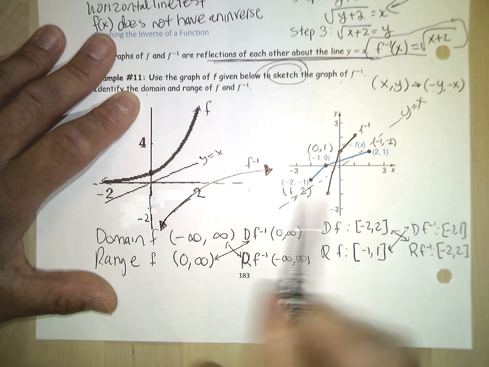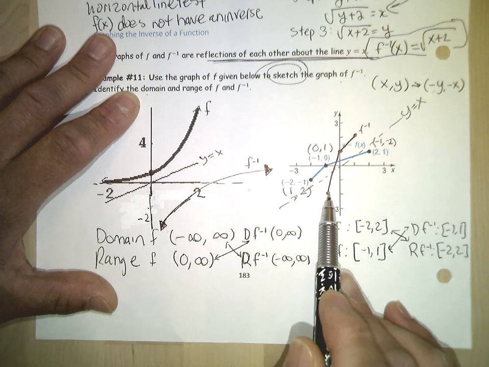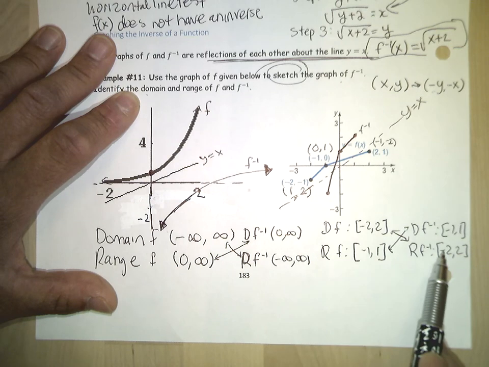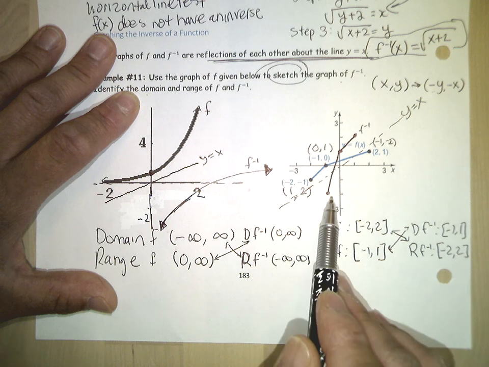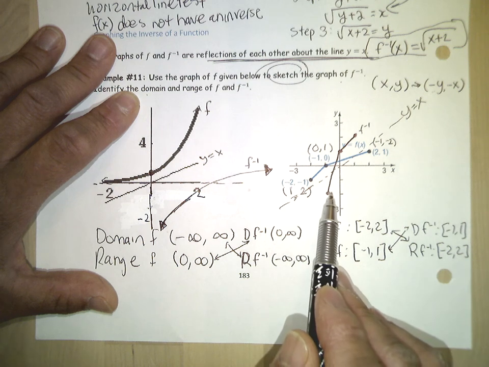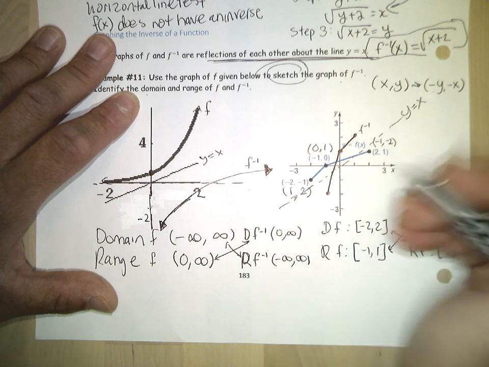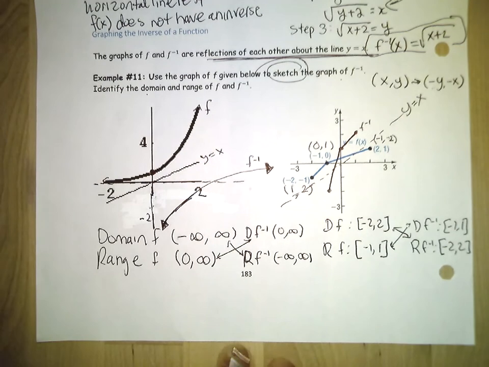So you can see that f inverse did go from -1 to 1, and the y values of f inverse did go from -2 to 2. All right, so there you go.